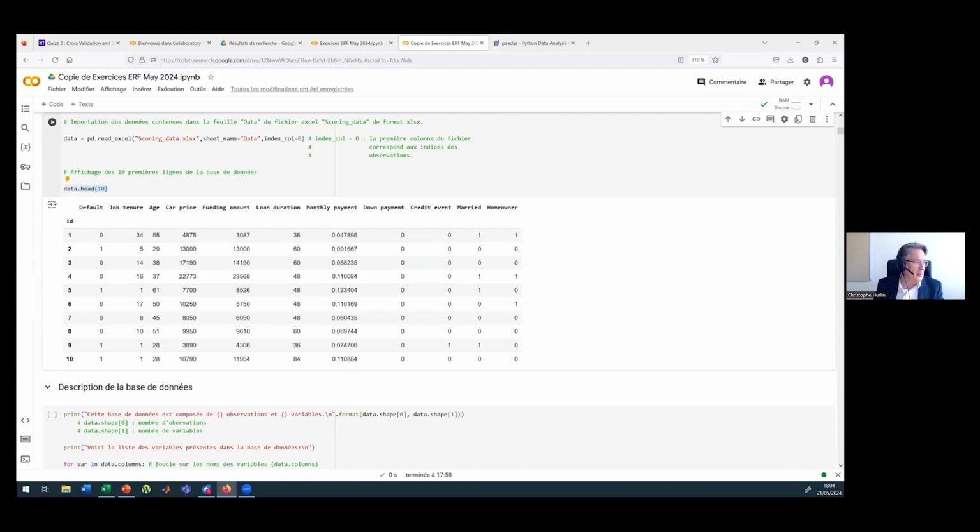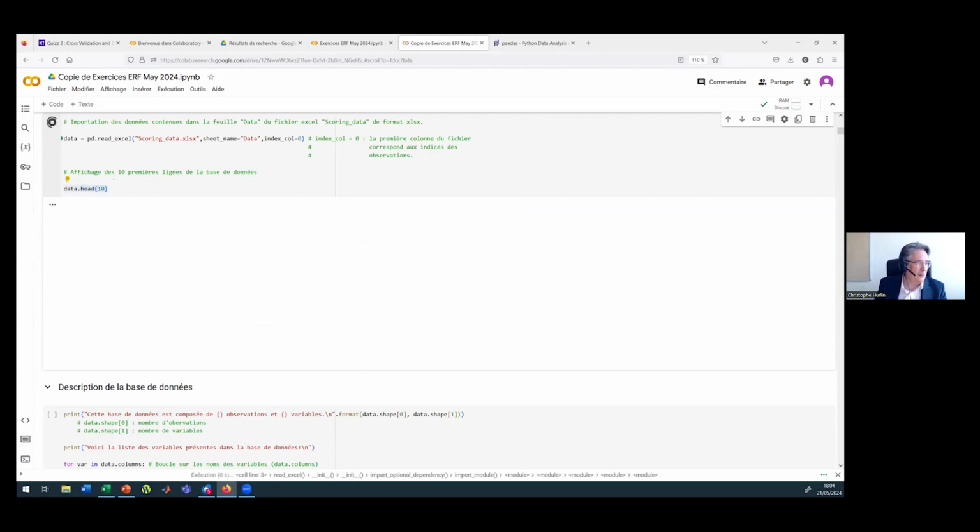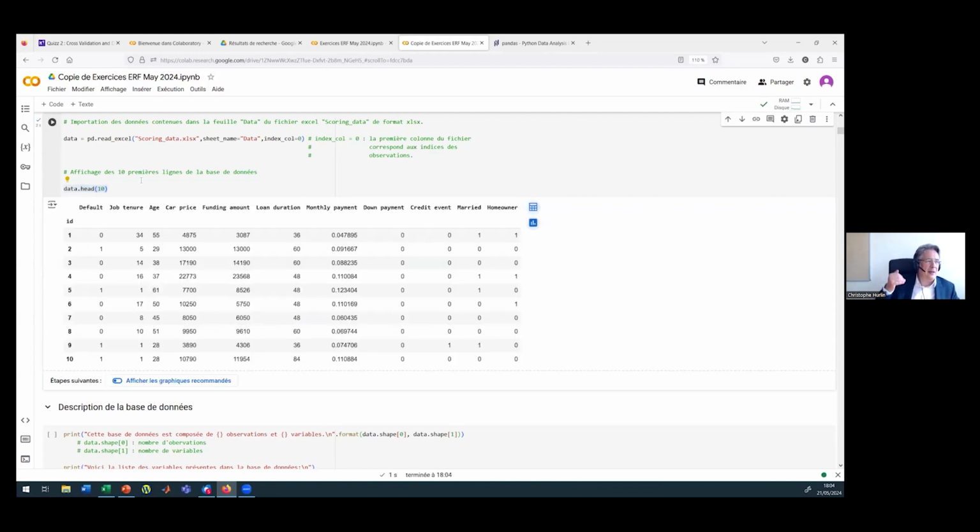If I run my code, I import my data and I report the first 10 lines of my database. And then I have the default, the job tenure, the age, the car price, the funding amount, the loan duration, the monthly payment, the down payment, the credit events, the status owner for the first 10 individuals.